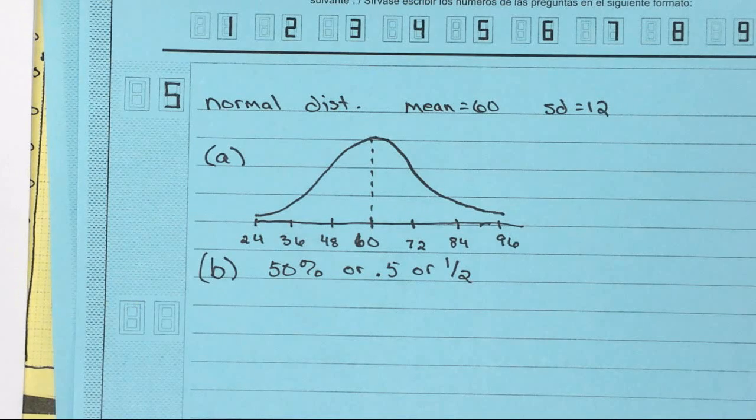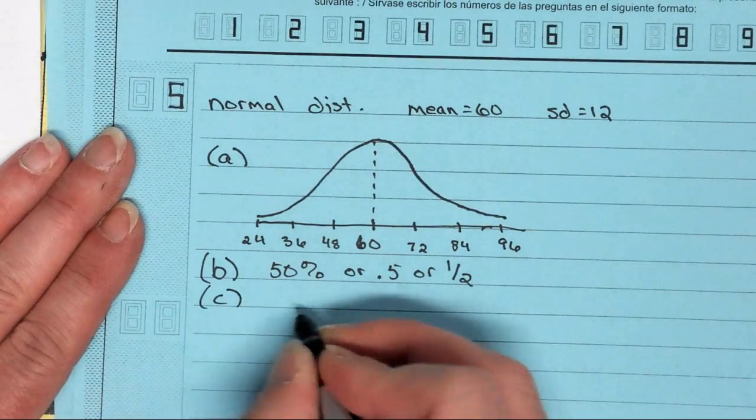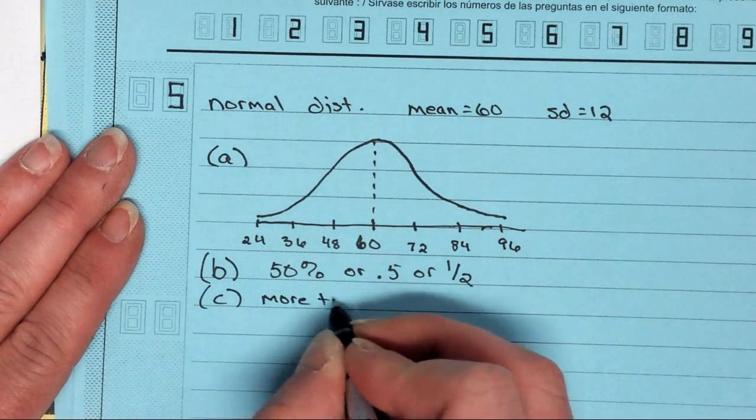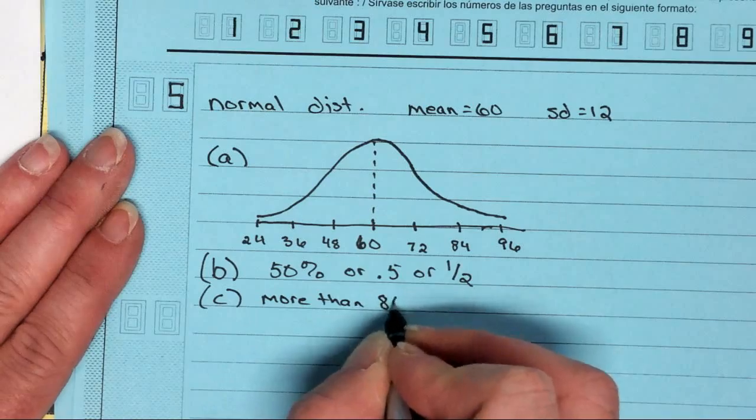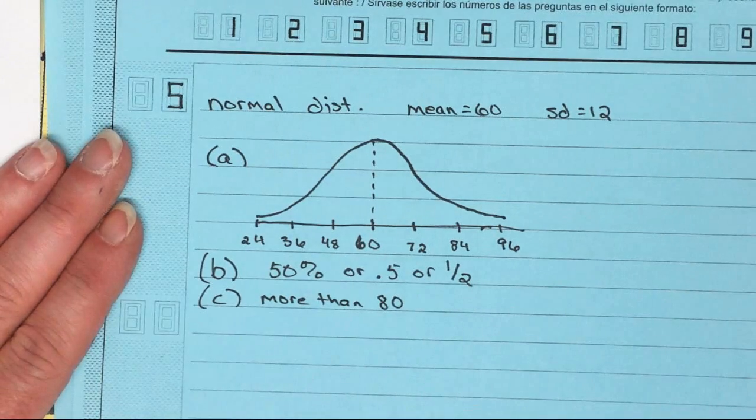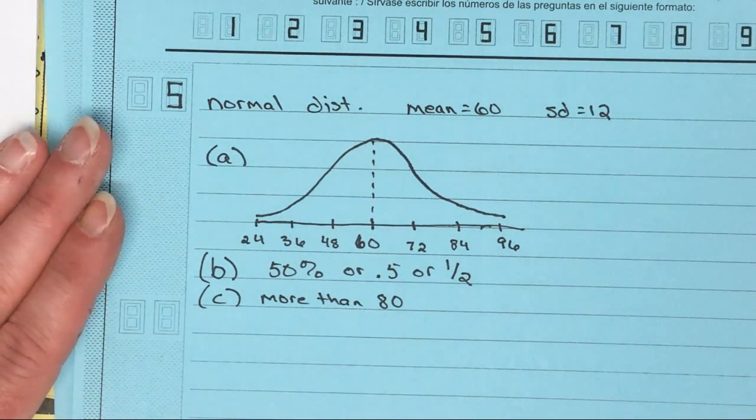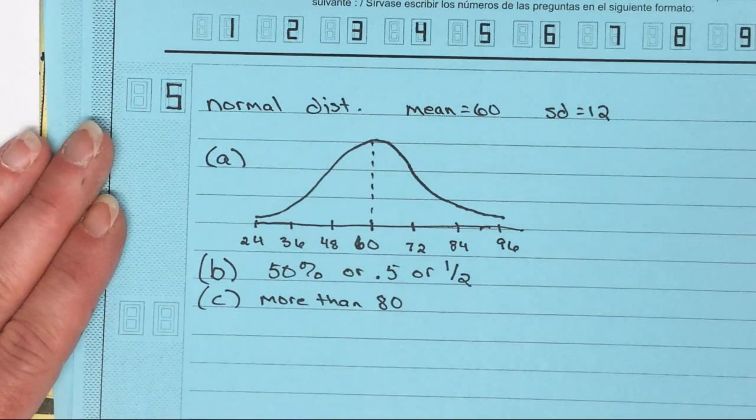C says that He-Jin scored 80 marks. Find the probability that a candidate scored more than He-Jin. Okay, so more than 80. That's not on my graph, is it? Let's review how to put this in the calculator. This is normal distribution.